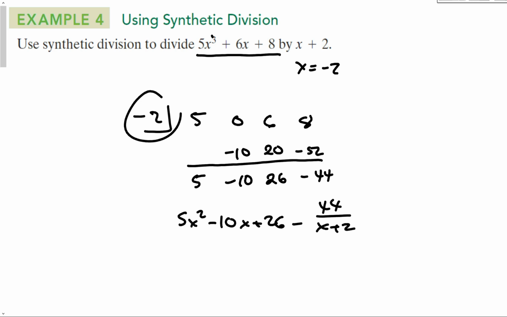Not over negative 2, but over x plus 2. And that also tells me, because there was a remainder, that x plus 2 is not a factor of 5x to the third plus 6x plus 8. That is something we'll use a little bit more later.